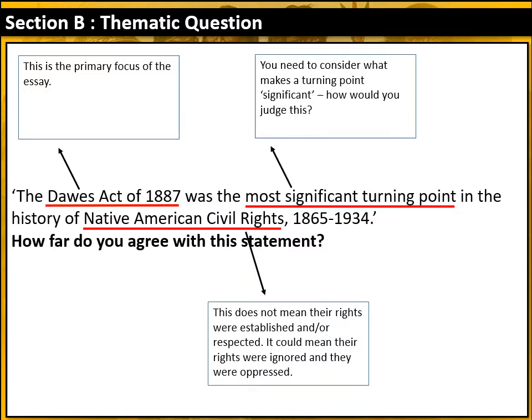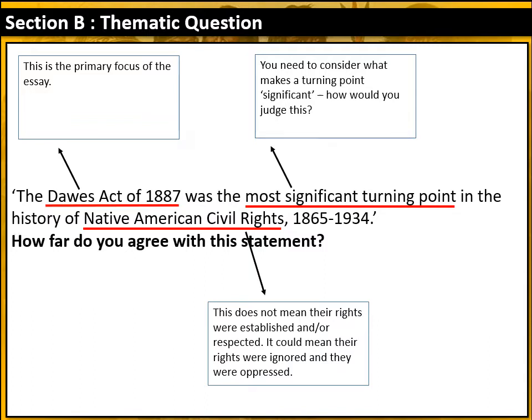Now, that does not mean that it necessarily had a positive effect. It just says it's the most significant. So it could mean that the Dawes Act established and respected their rights, but we know that's not true.